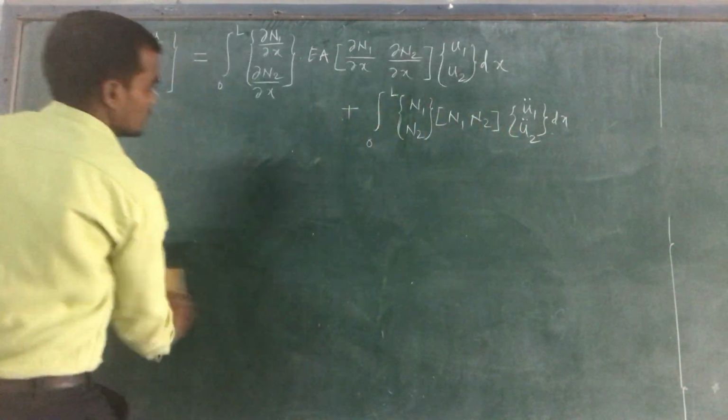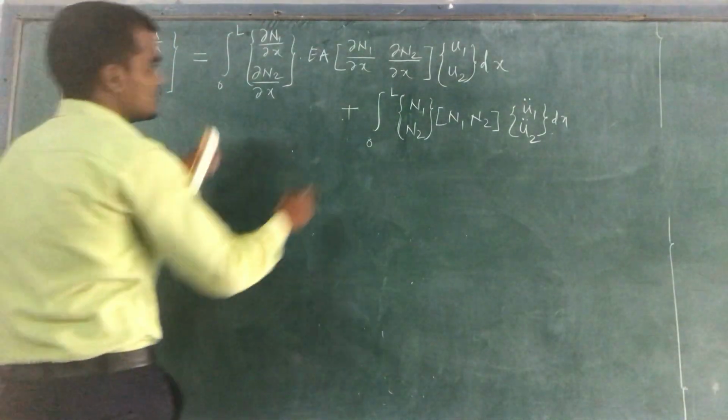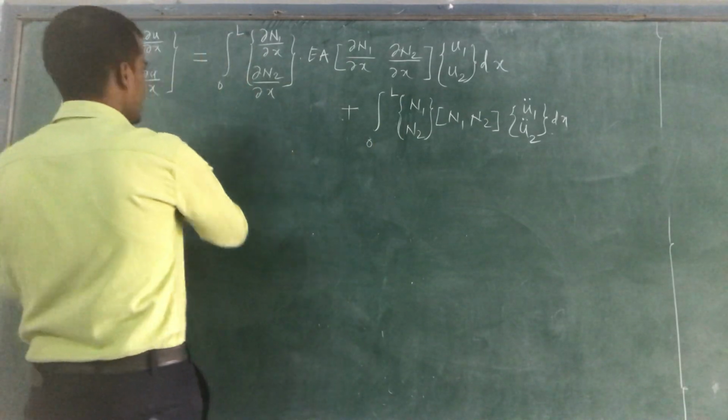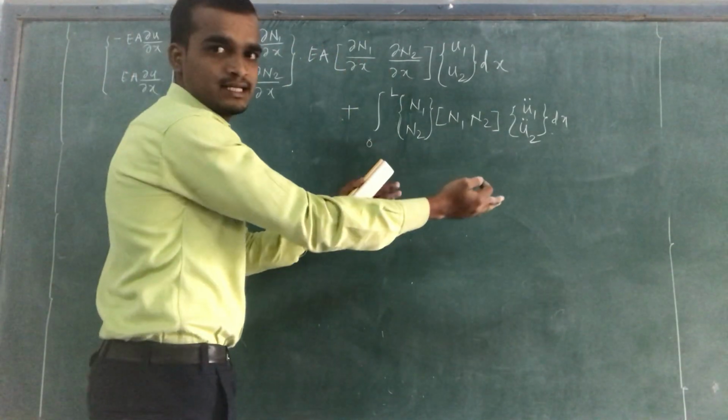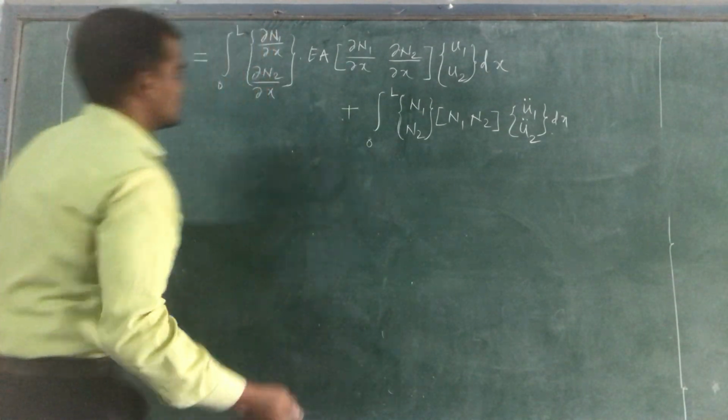Now we need to simplify this matrix. We will write these two terms on the LHS and this third term on the RHS.